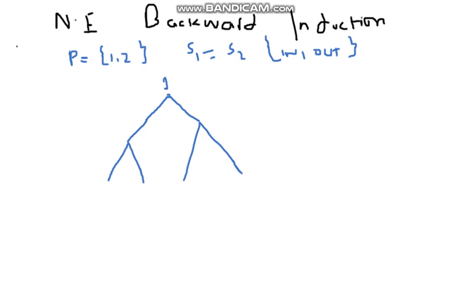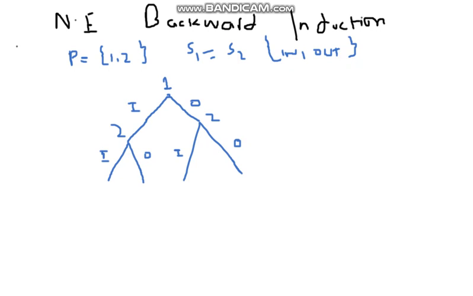So player 1 will move first and choose between in and out, and then player 2 will move and he has the option to go in or out as well.